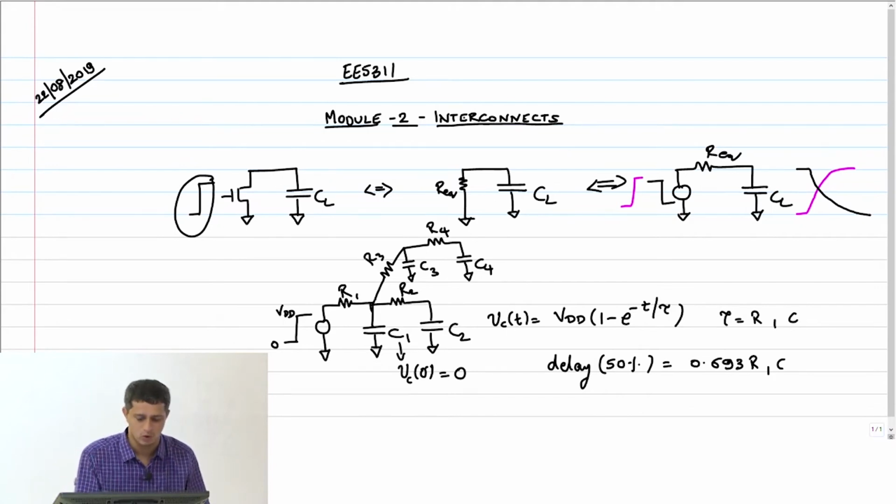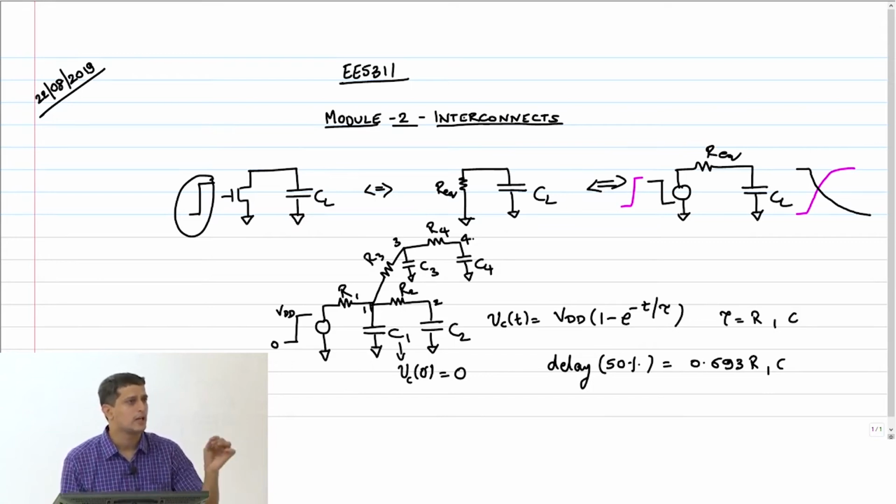My destination node could be node 1, node 2, node 3, node 4. If I ask you what is the delay at node 4, given that the input went instantaneously from 0 to VDD, what is the delay for node 4 to go to VDD by 2, for example, or node 3, node 2. So this is the problem that the Elmore delay model solves.